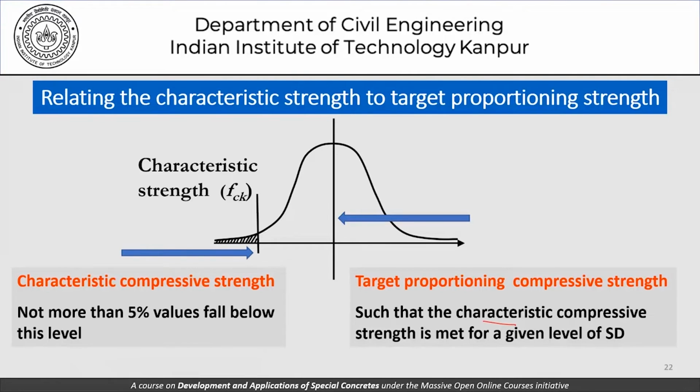So the target proportioning compressive strength is such that if we target the concrete mix to be at this value, with this area being 50% and this area being 50%, then for a given standard deviation, this point here will be such that this area here is 5%.